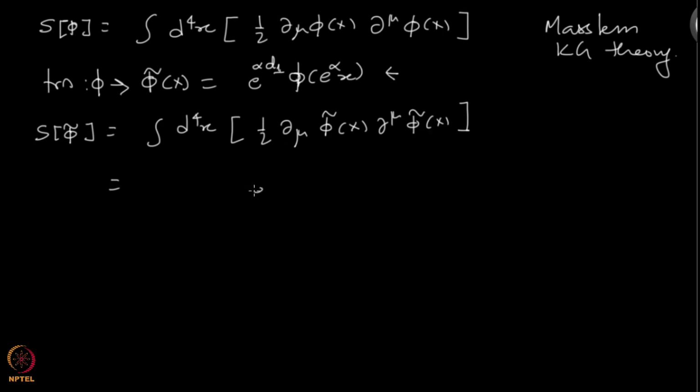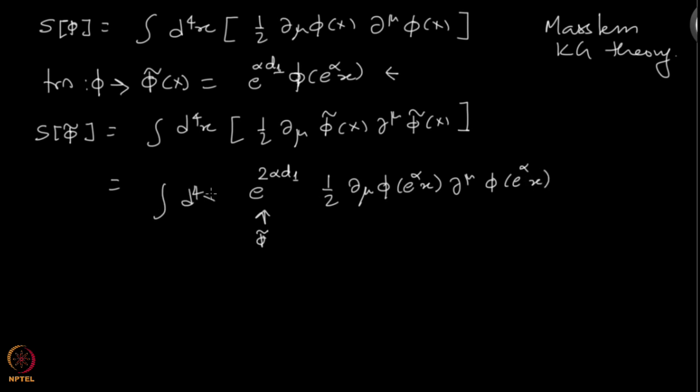Then this argument changes, so you get half del mu phi of e to the alpha x, del mu phi of e to the alpha x, integral d4x. Now as before, we will change the variables.